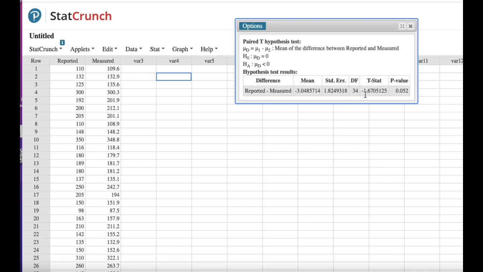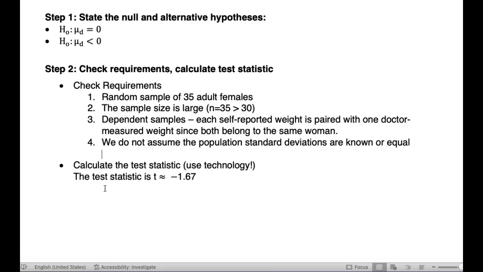The test statistic was approximately -1.67. And the p-value was 52 thousandths. So we calculated the test statistic to be about t equal -1.67.